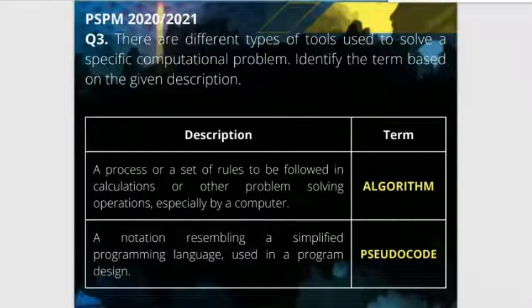It is not a real program or real code like Java, C++, and many more. It only resembles, used in program design. Okay, so it is not code, it is not a program, so the term here is pseudocode.